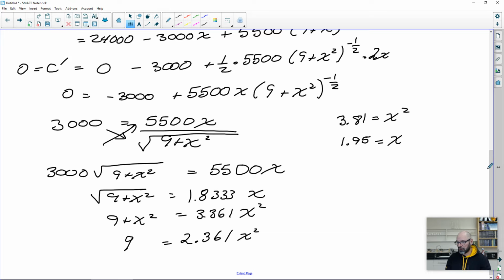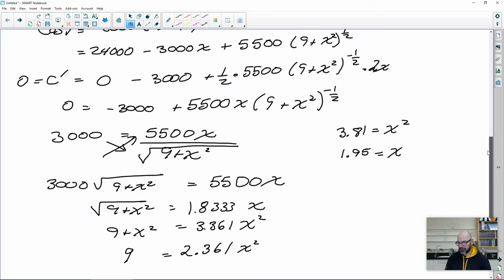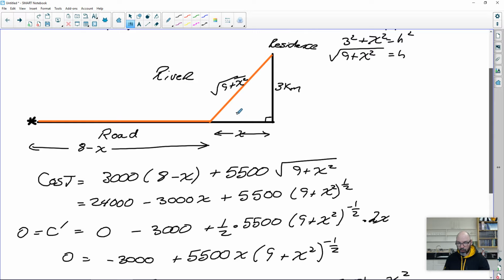So that means if we go back up to our diagram here, that this is 1.95 kilometers. And then this would be 8 minus that. So 8 minus 1.95 is 6.05 kilometers from here to here.